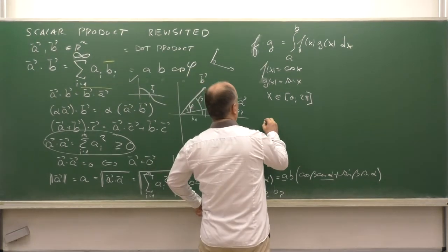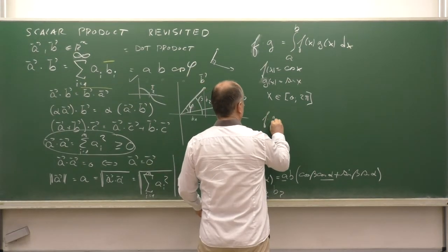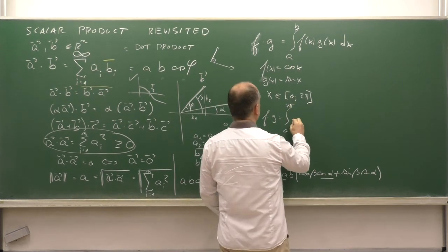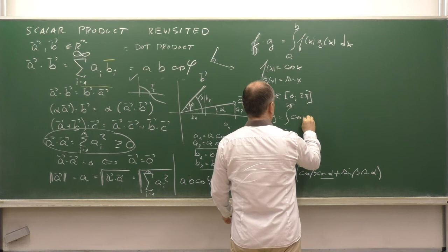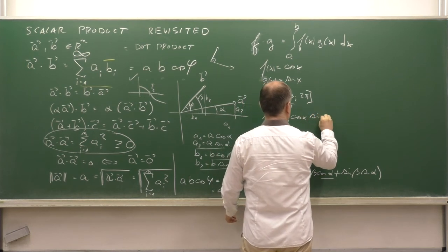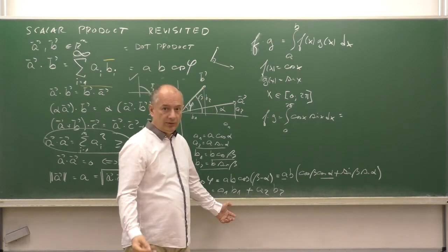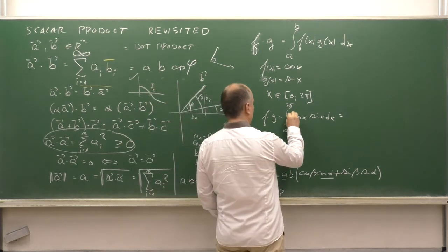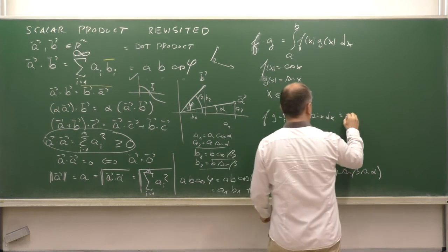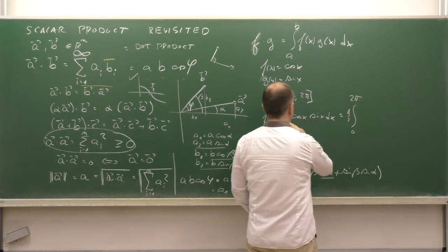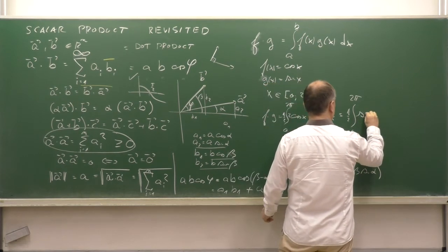If we consider the scalar product, then we have the integral from 0 to 2 pi of cosine x sine x dx. And this is easy to integrate. If we multiply by 2 and divide by 2, we have 1/2 integral from 0 to 2 pi, and this is sine of 2x.